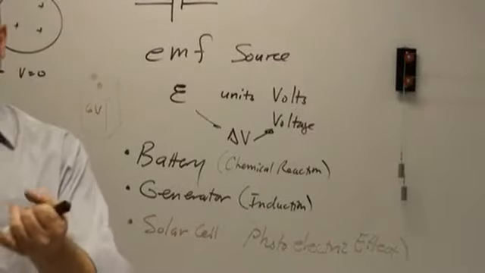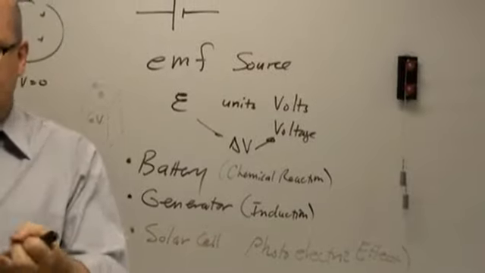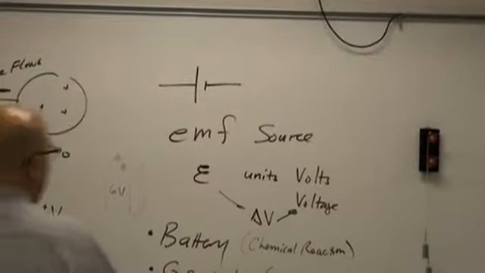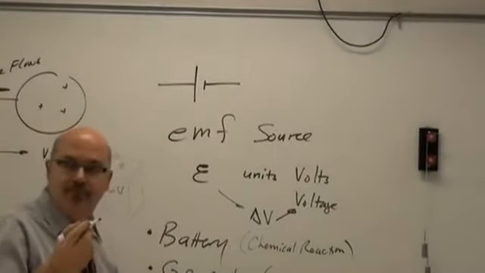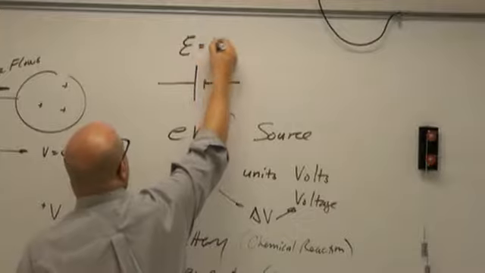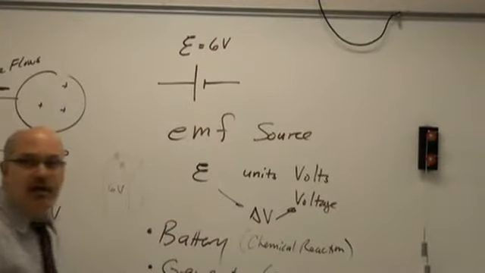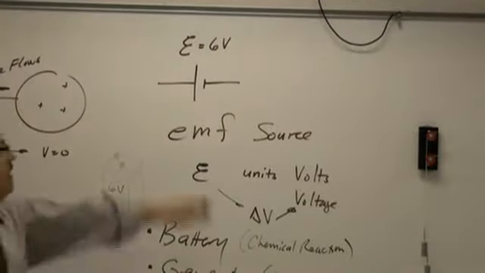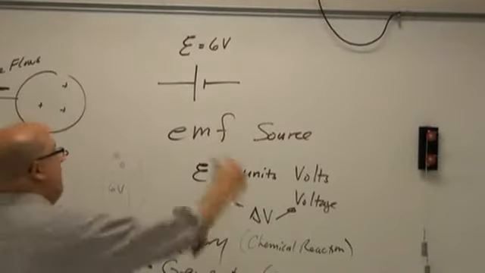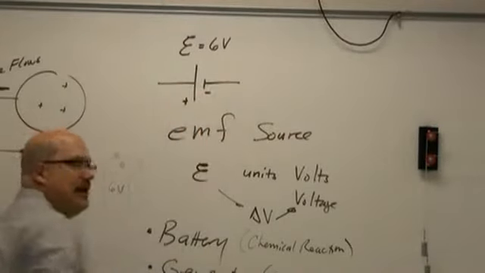We're just going to use that to designate a generator at this stage of the game, or a photovoltaic cell, or a battery. The battery will look like this, and we might put EMF is 6 volts. So it'd be a 6-volt battery. Now, it's important you know which side's the plus side. Long side, that's the plus side, and that's the minus side.